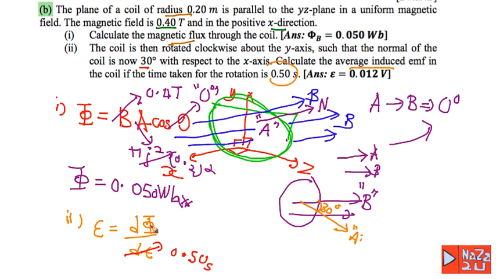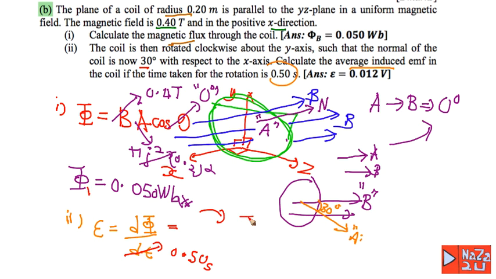The change of flux: the initial flux is 0.050 Weber, and if the coil rotates 30 degrees between A and B, now you calculate the second flux. Let's say this is flux 1.